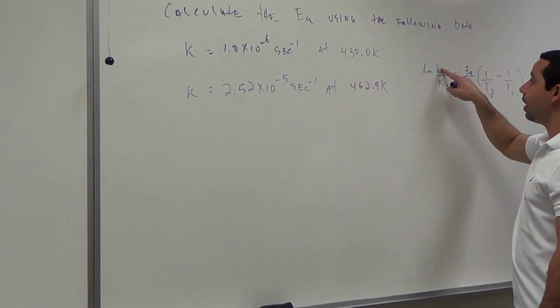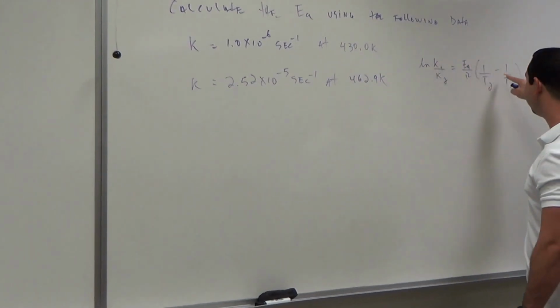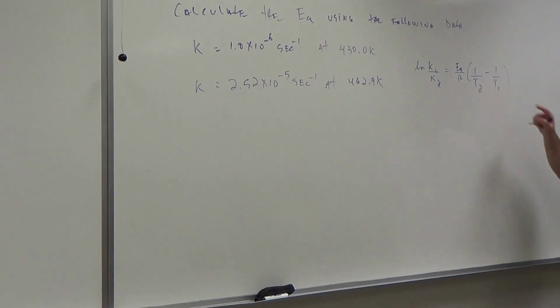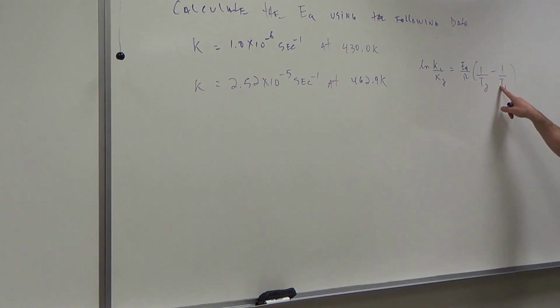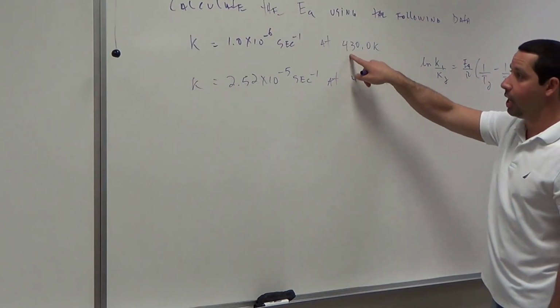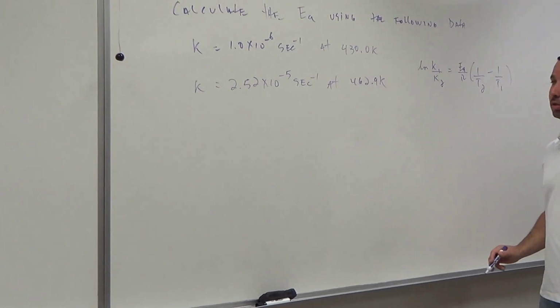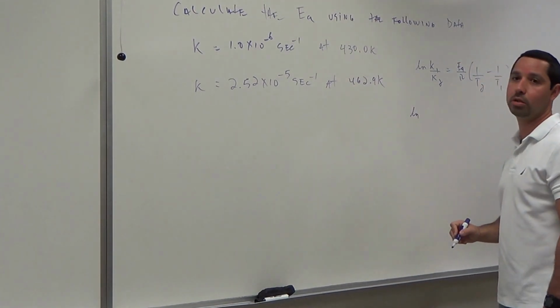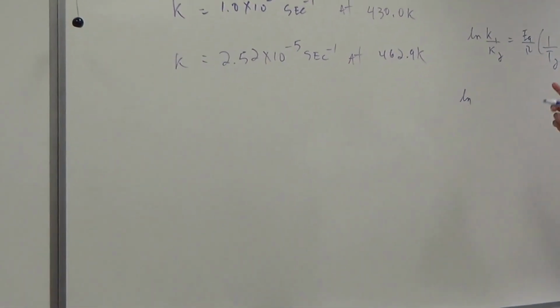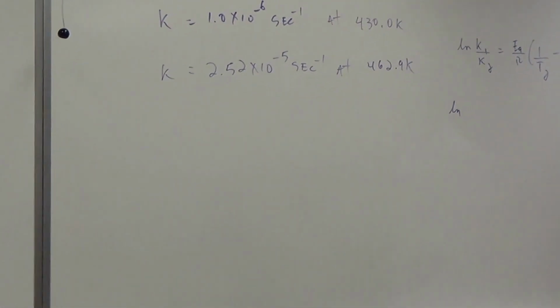So I have a rate constant, and I have the temperature that belongs to that rate constant. Which one is 1, which one is 2? One is the lowest one. You can say this is a lower temperature, and that's a higher temperature. So the lower temperature would be 430, and the K that belongs to that. So we're going to plug those in. The temperature has to be in Kelvin. Why?